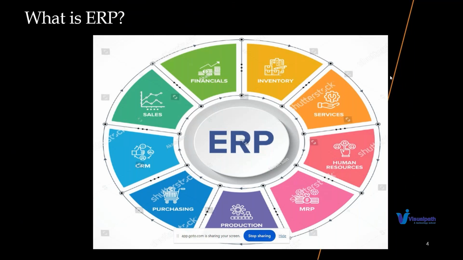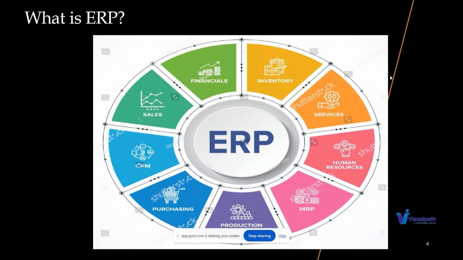By the name itself, you can understand enterprise can refer to a particular organization, and resource starts from any particular asset to human resources. Like the talent of the people will be an asset to the company, and it will be a resource also.